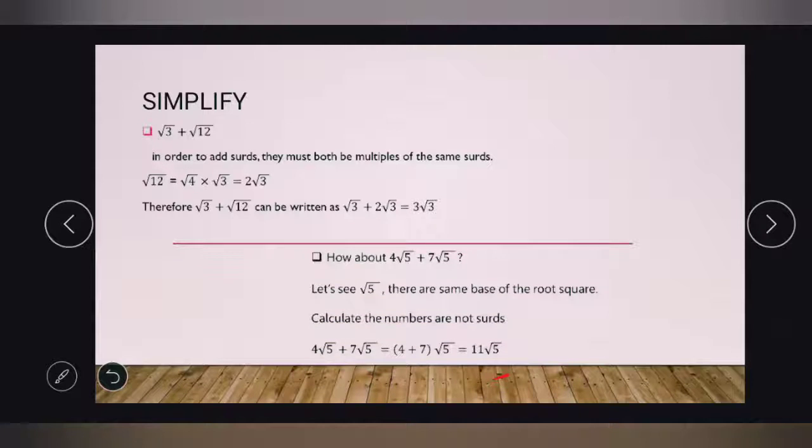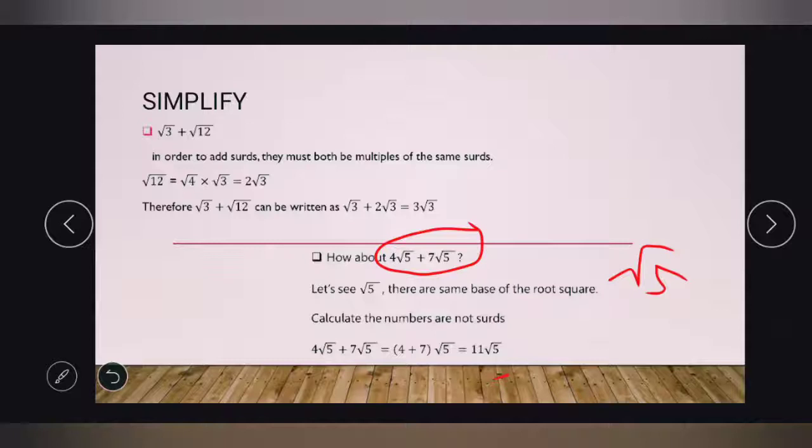How about 4 square root of 5 times 7 square root of 5? Let's see, the square roots of 5 have the same base, so the square root of 5 times the square root of 5 equals 5.